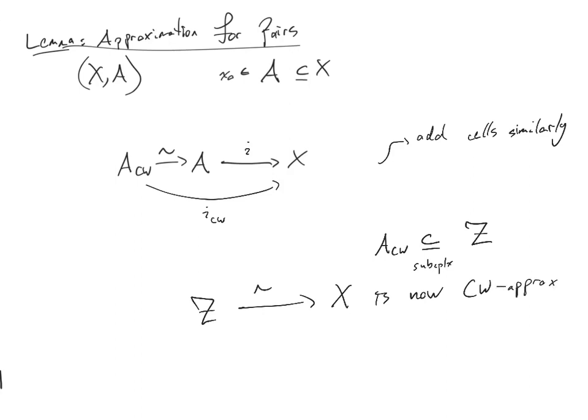So this is now a weak equivalence, but since A is a subcomplex and we didn't change A, or the inclusion of A into X, we're just adding on new cells and not doing anything to A_CW, you have that inside of Z, A_CW is equivalent to A living inside of X.